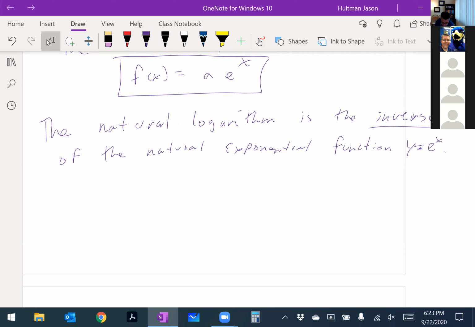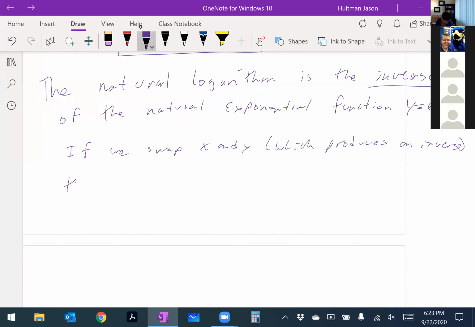If we switch the x and the y, which is how we get an inverse, that's how we get an inverse equation, the opposite equation. Then we can say that x is equal to e to the y.